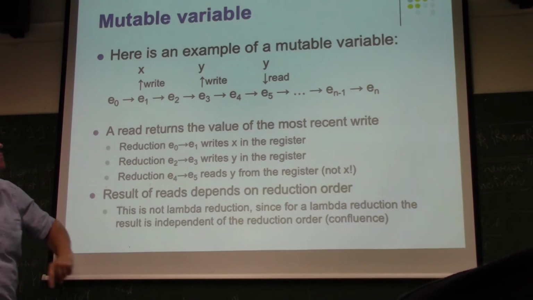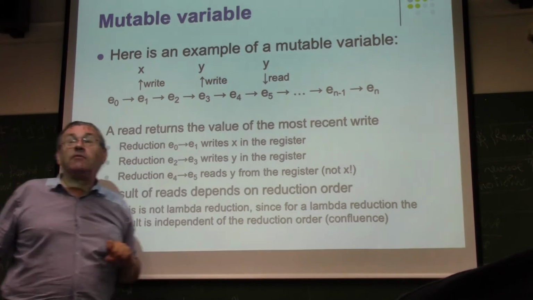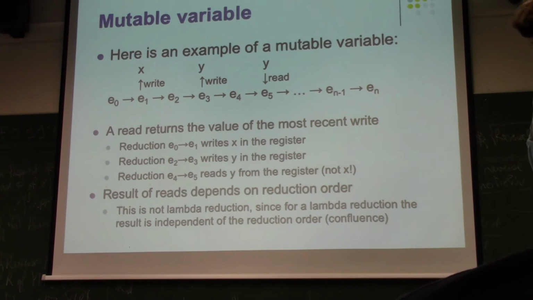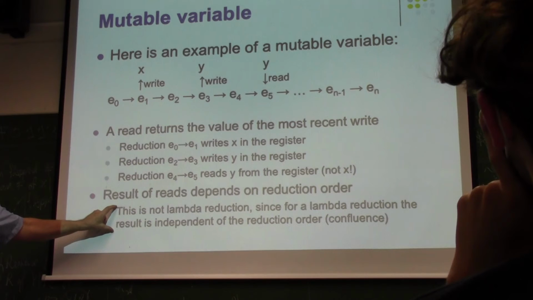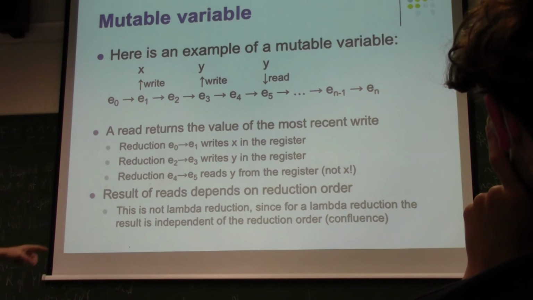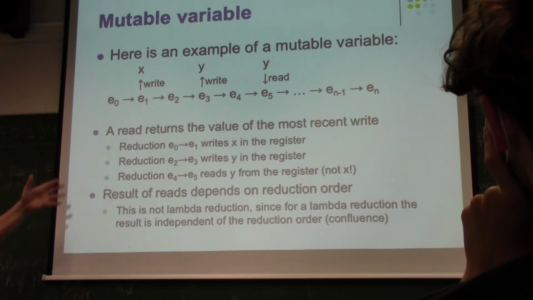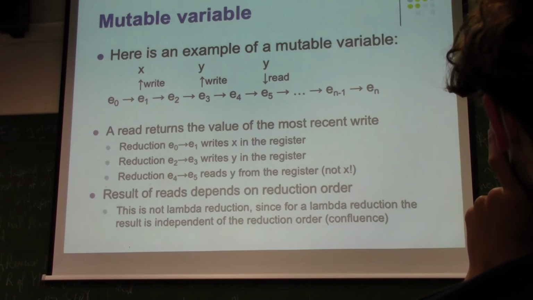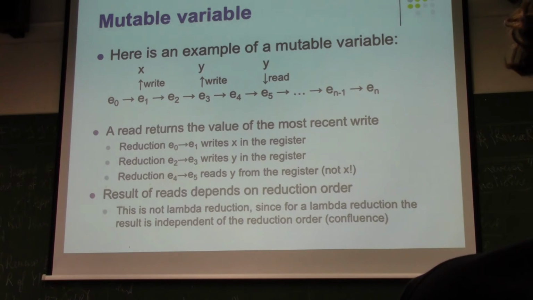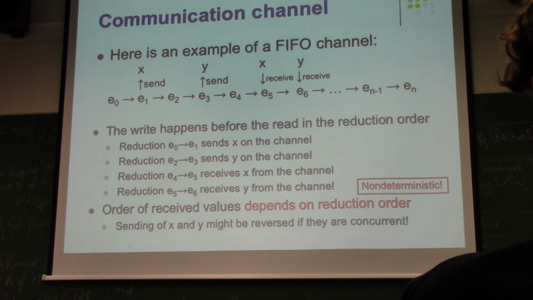But it won't be the same, because I will read X instead of Y. You see? So for a lambda reduction, the result will be independent of the order. But here it's not independent of the order, so it's not lambda anymore. Okay? So that's an example of an interaction. Your regular old Java variables are already that. Okay? Here's another one, slightly different.